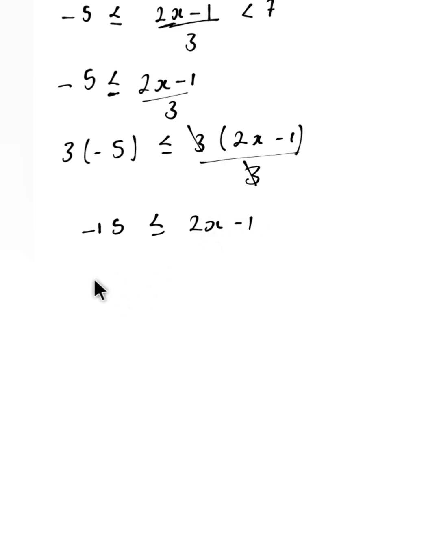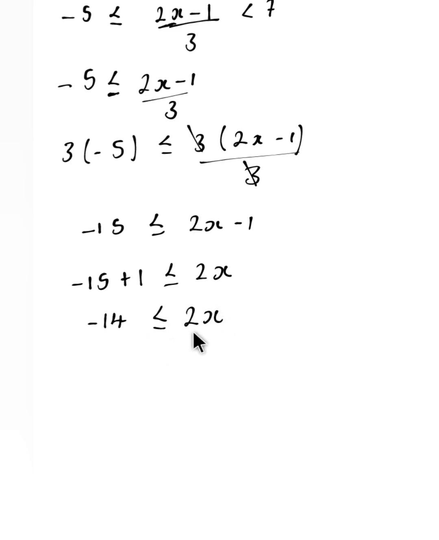The next step is to take like terms, which are minus 15 and minus 1. So minus 15, if 1 crosses this way, it becomes plus 1, is less or equals to 2x. Minus 15 plus 1, that is minus 14, is less or equals to 2x.